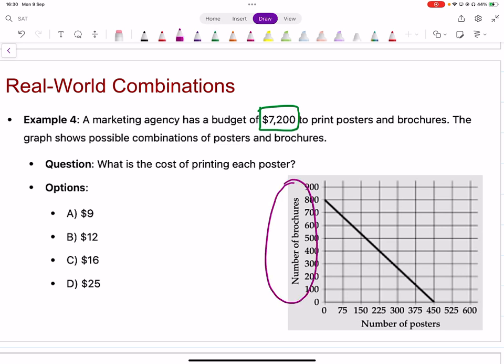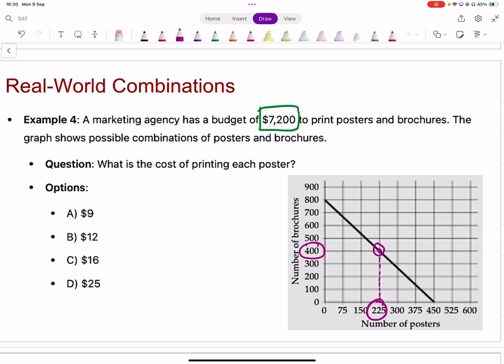What does the graph represent? Number of brochures is on one axis, number of posters is on the other axis. If you were to take any random point on this graph, what would that represent? For example, this point. What does this point represent? That those $7,200 are being spent on 225 posters and 400 brochures.